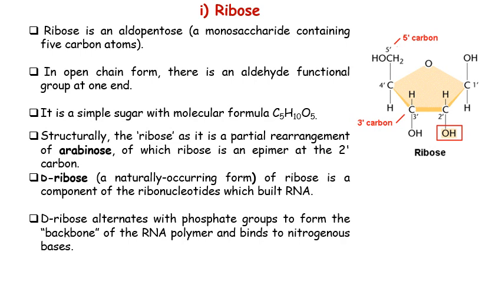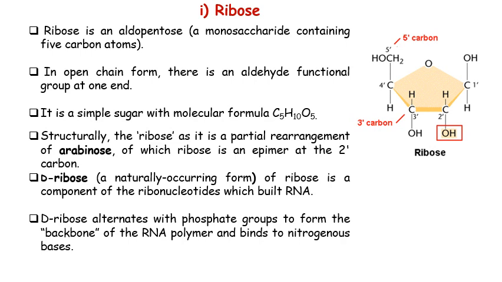Ribose is an aldopentose. It means it is a monosaccharide containing 5 carbon atoms. Its ring has 4 carbon atoms, so the ring is furanose. But overall, ribose has 5 carbon atoms, and it has an aldehyde functional group at one end.